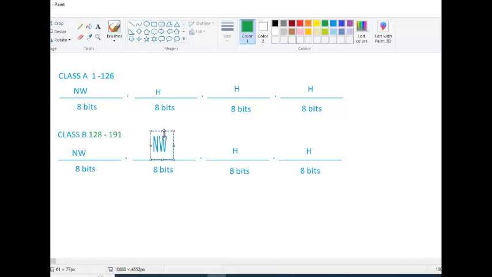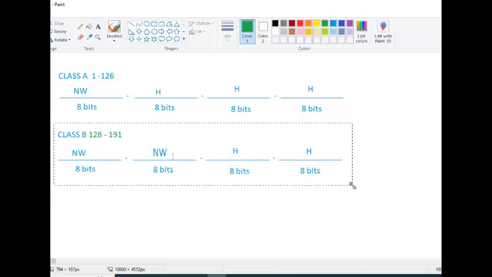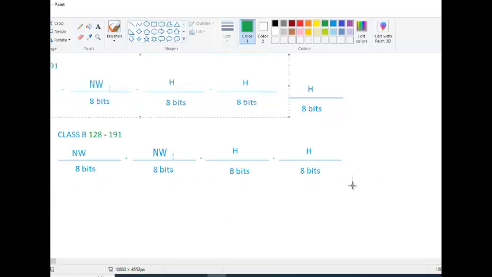So second octet is also network. Whereas for class C, the third octet will be network too.